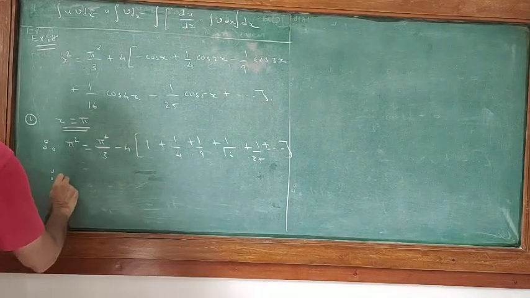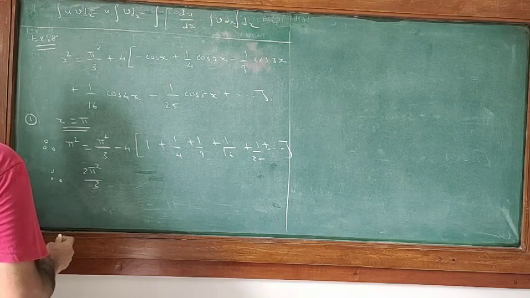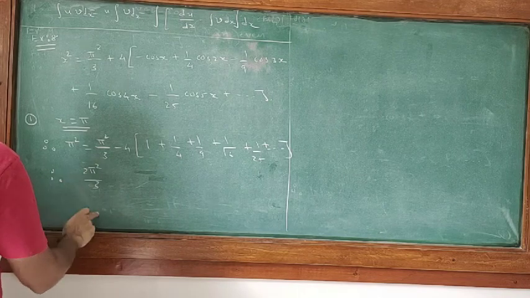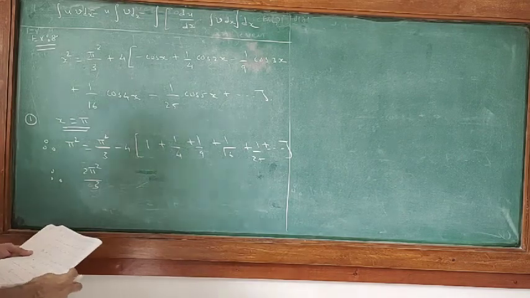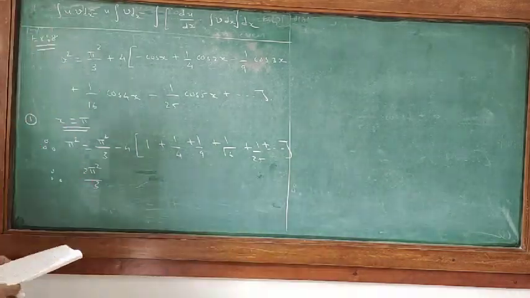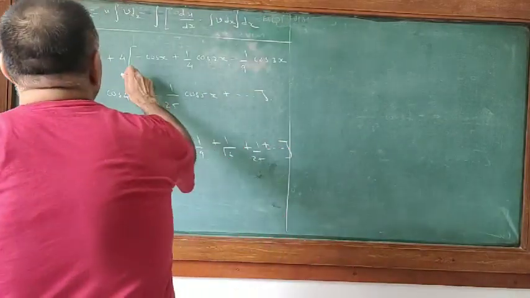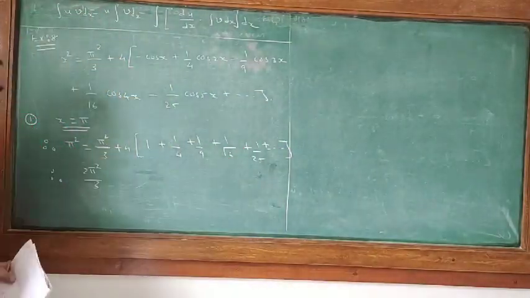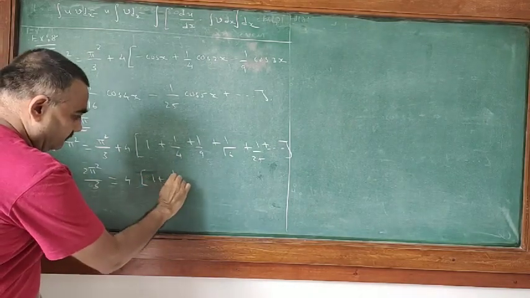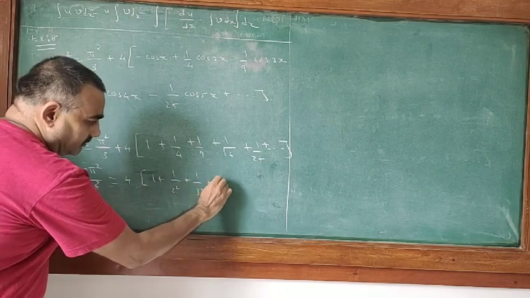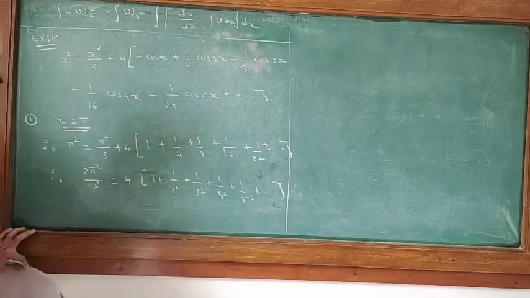So we have 2 by 3 pi square is equal to 4 times 1 plus 1 upon 2 square, 1 upon 3 square, 1 upon 4 square, 1 upon 5 square and other terms.